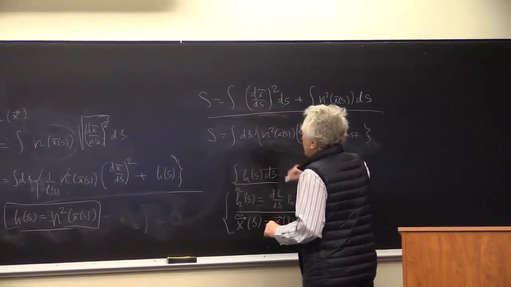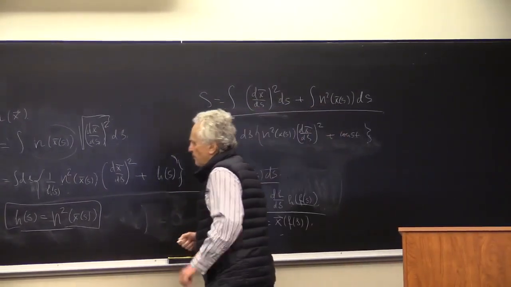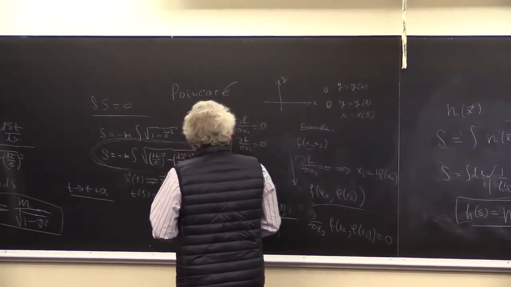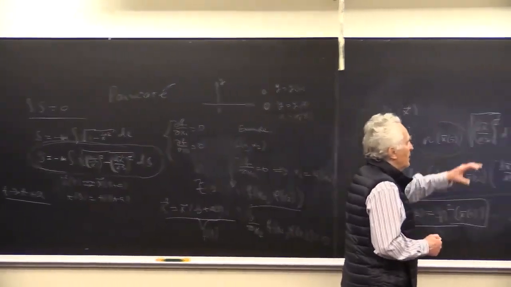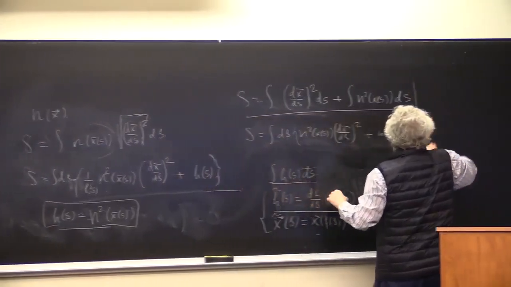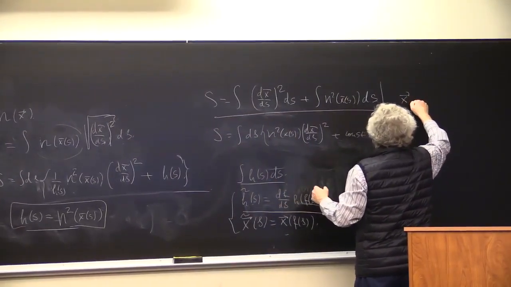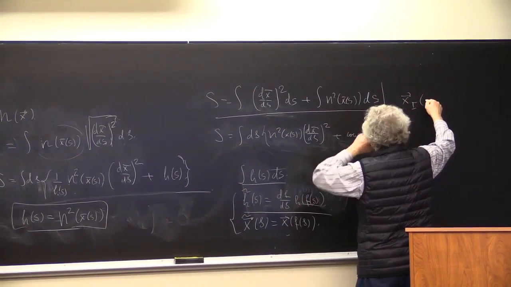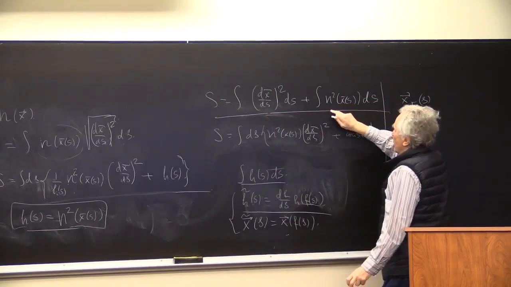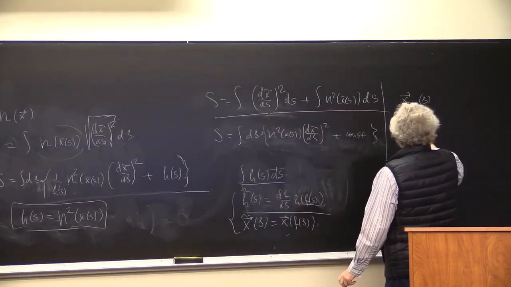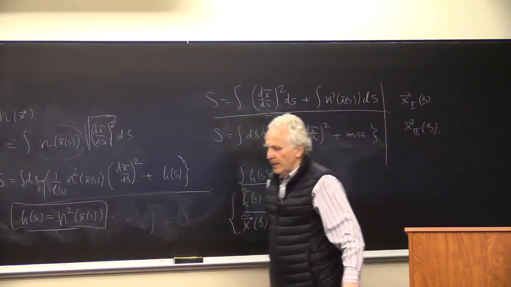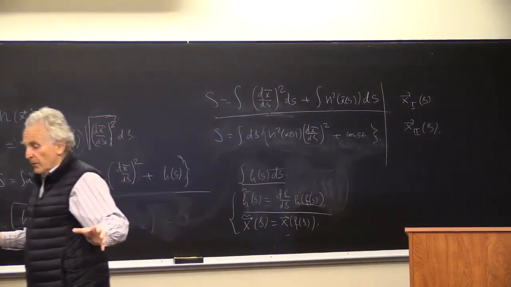And what I was saying actually was that these two solutions, we get some solution, let's say x first of s, by writing Euler-Lagrange here, and we get something else from here, and they are different functions.